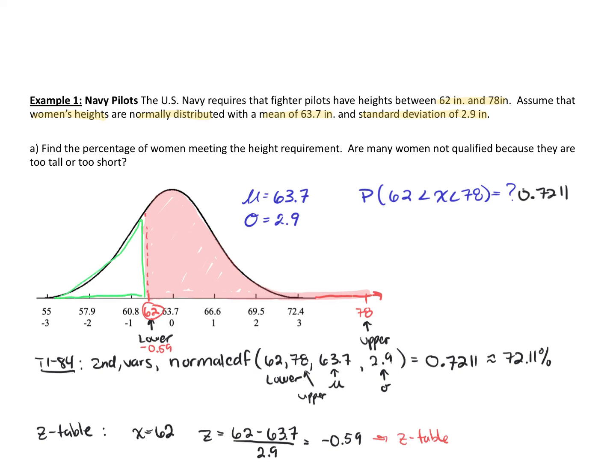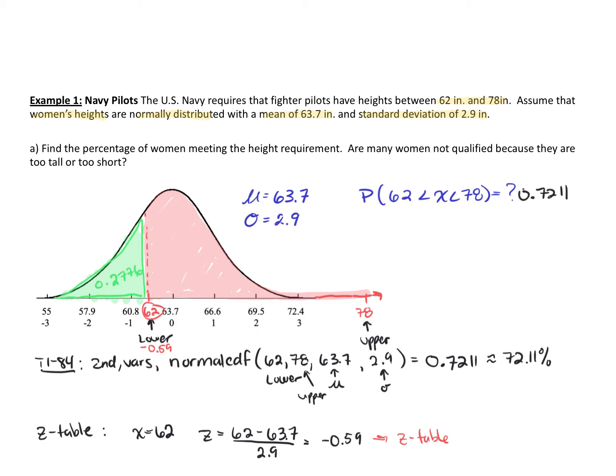That area to the left, you'll get from the table. From the z-table, you'll see that the area to the left is 0.2776.